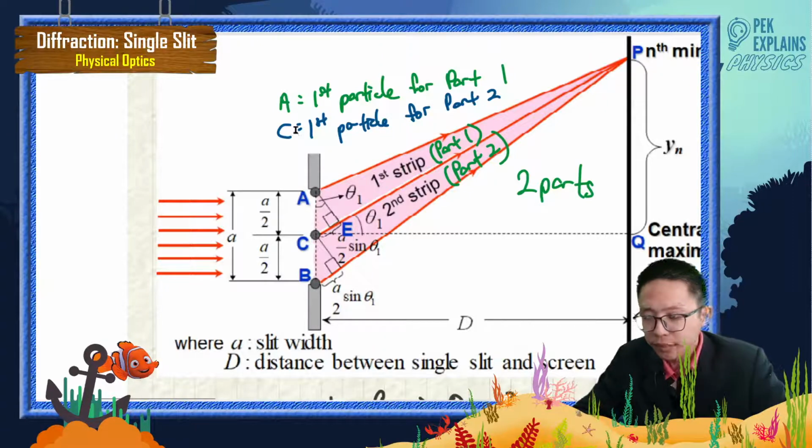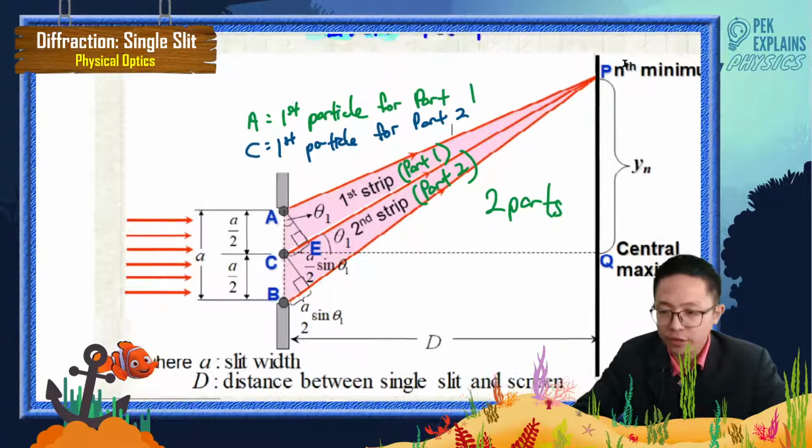Now, you see, let's say this A and C, they destructively interfere at a certain distance up along the wave. They overlap and destructively interfere and form a dark fringe over here.